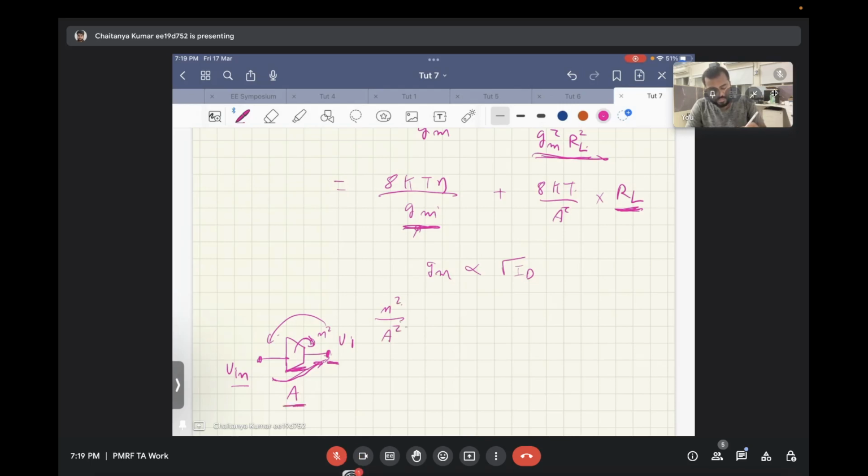So if you choose A in such a way that the voltage swing at this node is maximum before the saturation, what you are doing is maximizing the value of A. In that process, you are minimizing this quantity, that is the input referred noise. So dynamic range scaling basically directly relates to having the maximum signal to noise ratio or minimum input referred noise possible in the circuit.